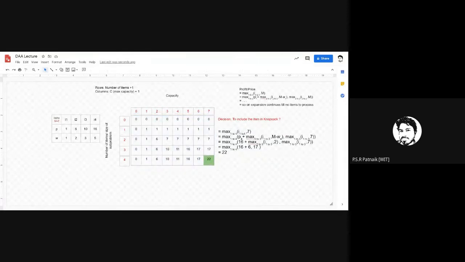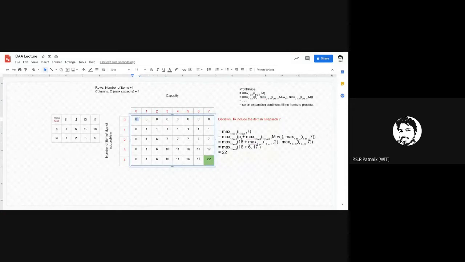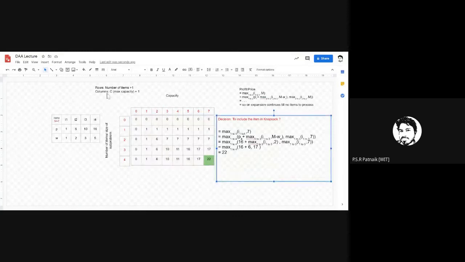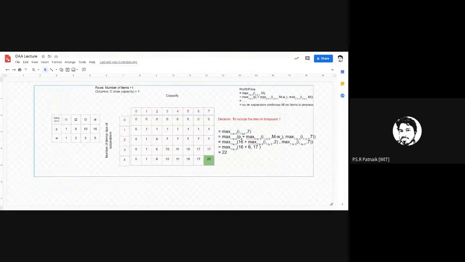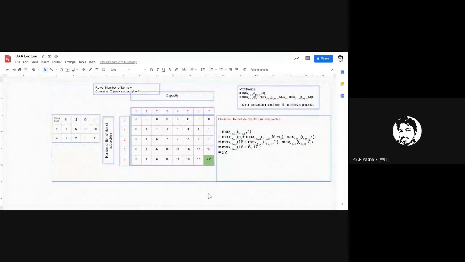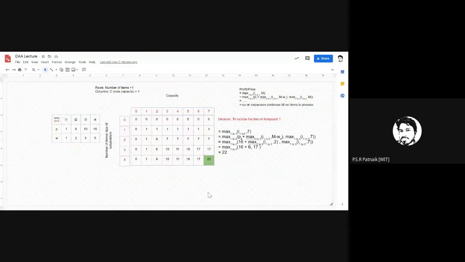The smallest problem is this, next smallest problem is this, next smallest, next smallest, and so on. Here your solution keeps on building on the sub problems. This is a true dynamic programming approach wherein my solution starts building upon sub problems of smaller size.